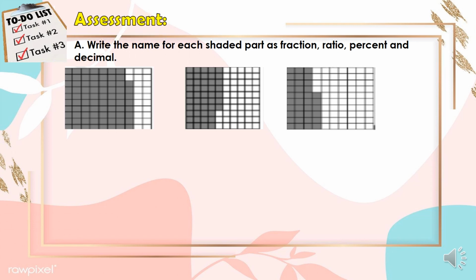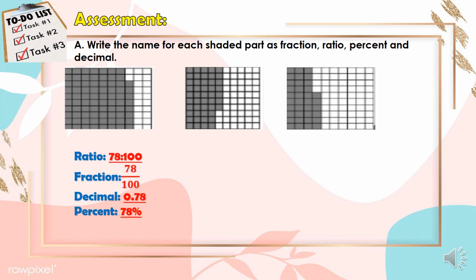Okay, for the assessment, for letter A, write the name for each shaded part as fraction, ratio, percent, and decimal. So we have 3 illustrations. For the first illustration, we have the ratio, the fraction, the decimal, and the percent.